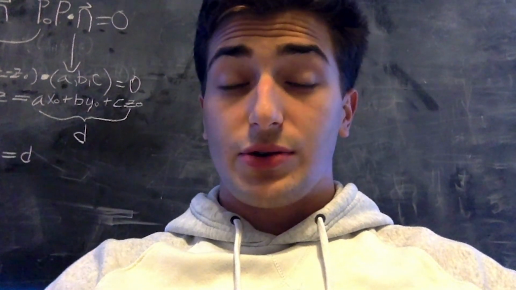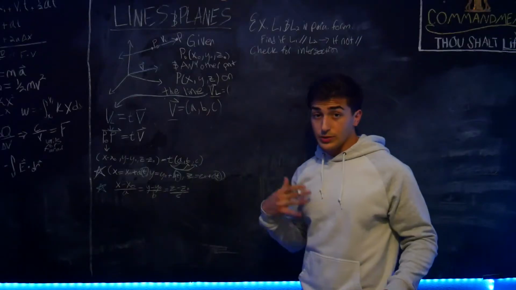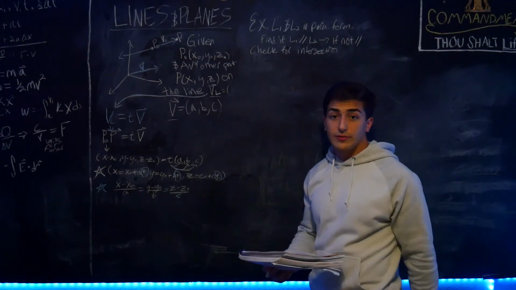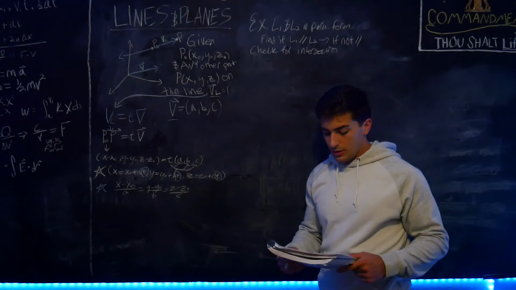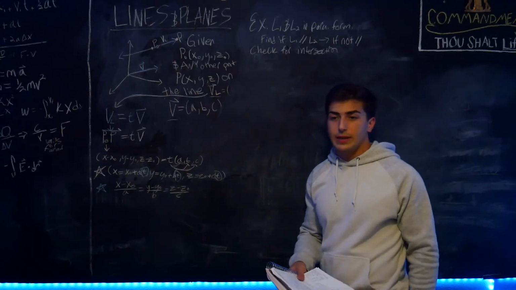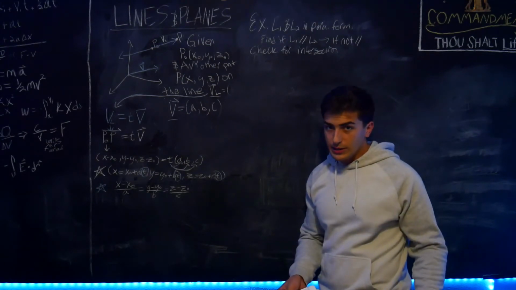Okay, this is a system of equations. That's how you check for the intersection in a 3D plane. If they don't intersect, that just means they skew. Once you set up the system of equations and you solve it, if all of the numbers are the same, that means they do intersect.